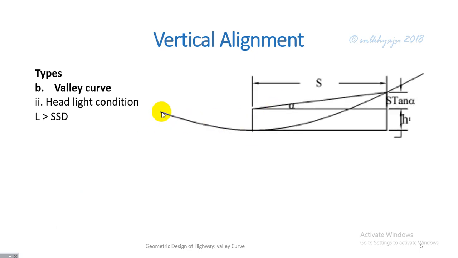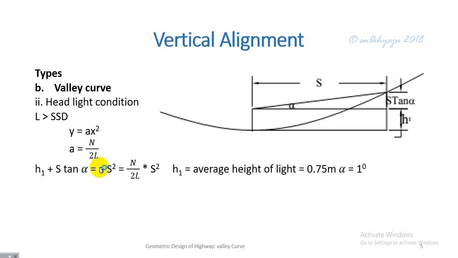Here, this is the length of the valley curve, and the sight distance S is the distance clearly seen by the driver during night driving with the headlight dispersion. Then y equals a x square, where a equals N by twice L.